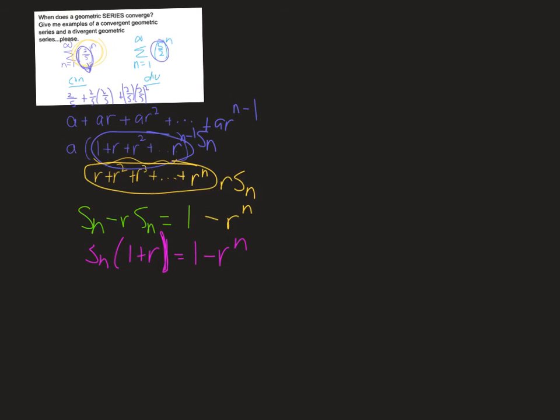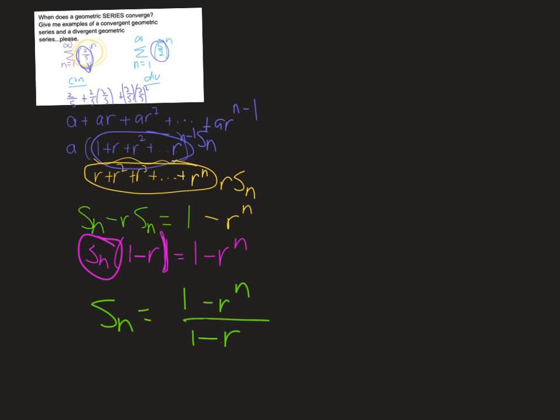And if we solve, because we want to know that sum, if we solve for Sn, we're going to have 1 minus r to the n over 1 plus r. Oh, goodness. And by 1 plus r, I mean 1 minus r, because I forgot how to factor correctly. Let me fix that. There we go. That will work better and be beautiful. Okay.